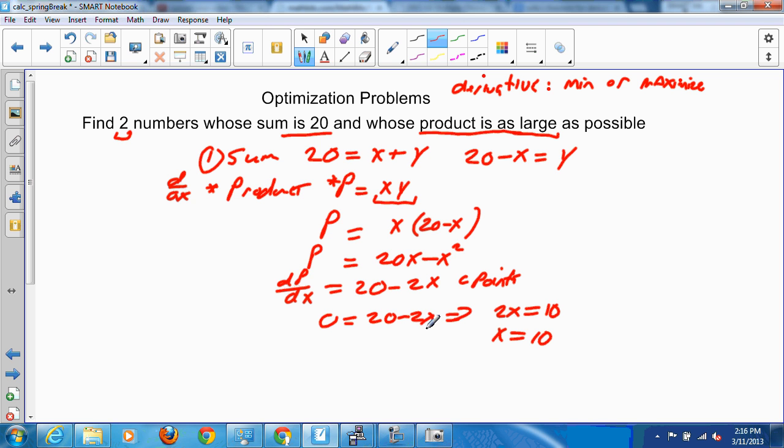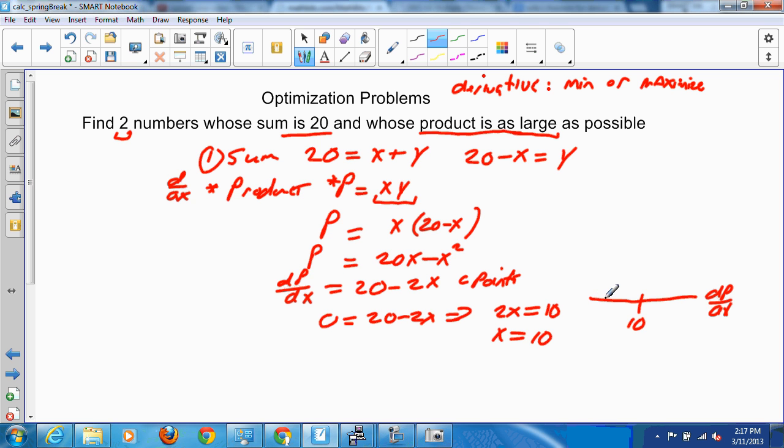Well, just like we did with finding relative minimums and relative maximums, if we're trying to find a product that's as large as possible, we want this to be a relative max. The only critical value that we have to look at is 10.